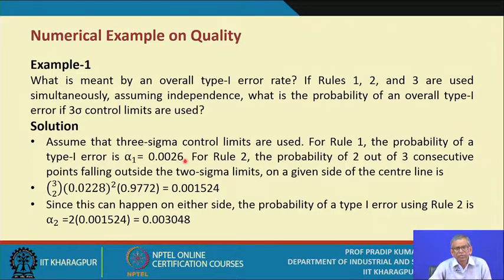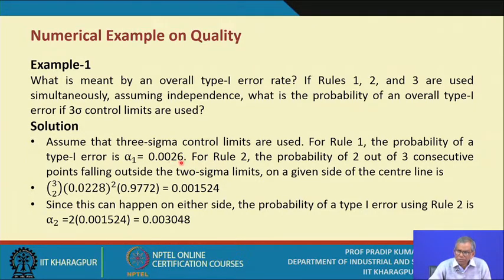So if you have plus minus 3 sigma control limits, obviously the probability is 0.0026. On one side it will be 0.0013, and beyond the lower control limit it will again be 0.0013, assuming the central limit theorem holds, and that's why the normality assumption holds.